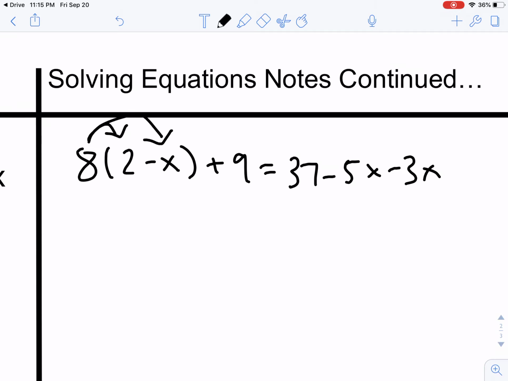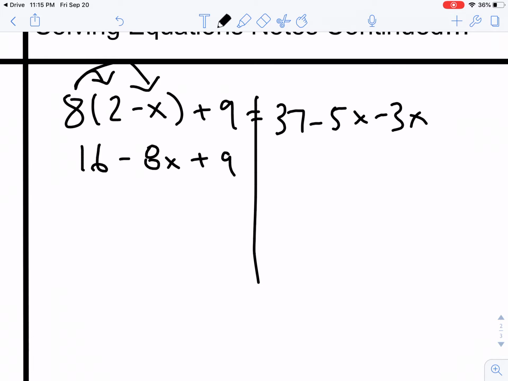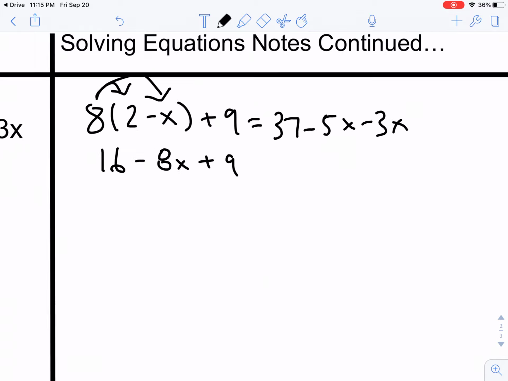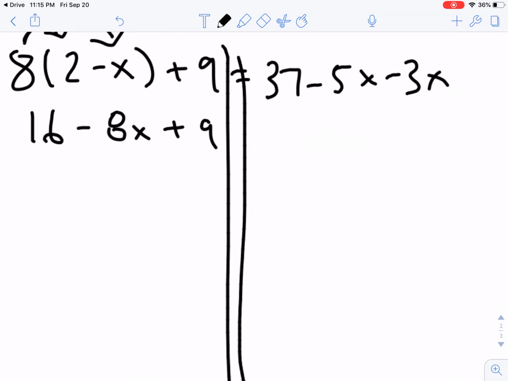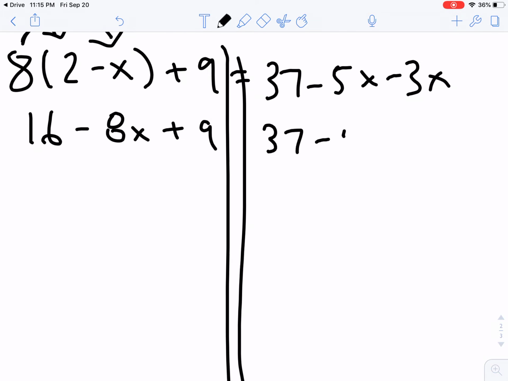So we're going to distribute our 8. 8 times 2 is 16. Minus 8 times negative x is negative 8x. Okay. Plus 9. What we can do is draw our equal sign. Equals 37 minus 5x minus 3x.